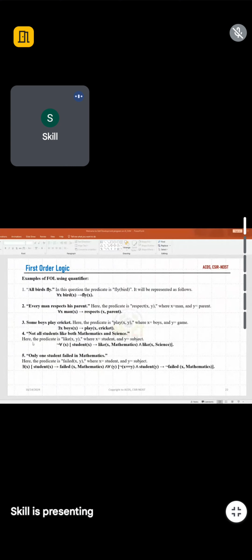We write not for all x, and in brackets student(x) implies like(x, mathematics) and like(x, science). We combine these two with an operator, because not all students like both mathematics and science. These two subjects are combined for the liking of subjects by the students. In the fifth example, we can see only one student failed in mathematics.